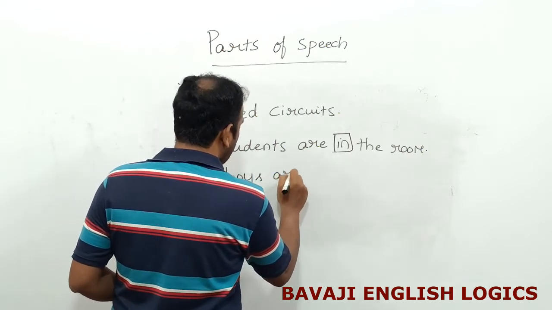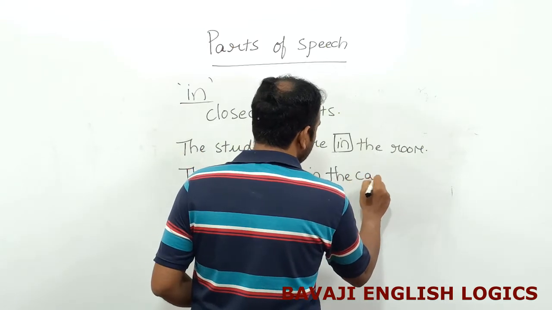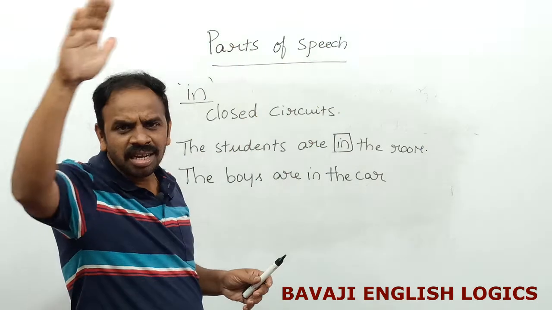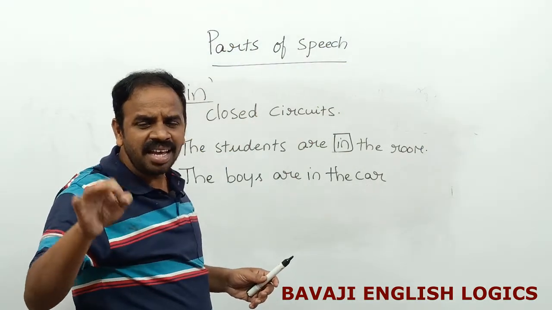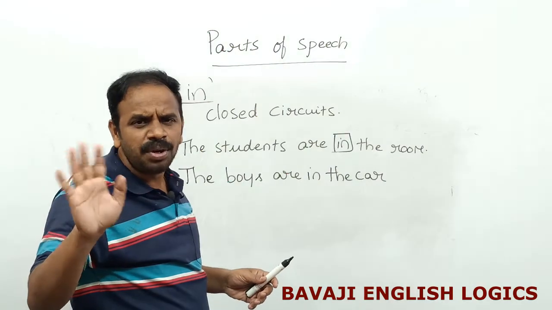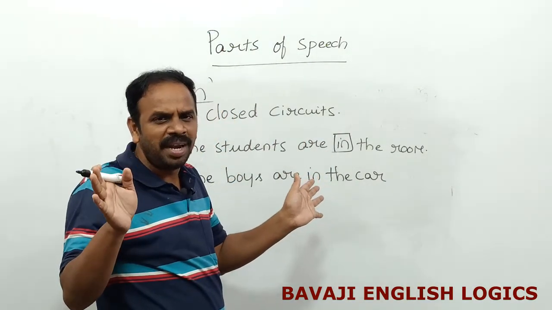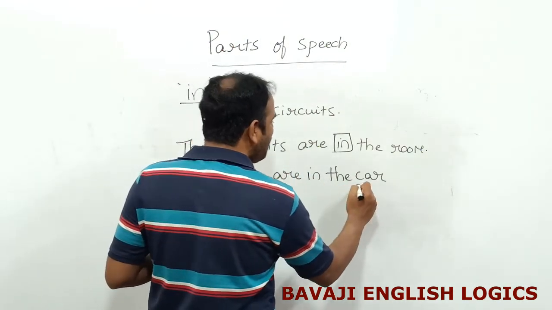The boys are in the car. A car is a closed circuit. In case of a bike, in case of a motorcycle, we don't use the preposition in because it is an open area. But the boys are in the car.